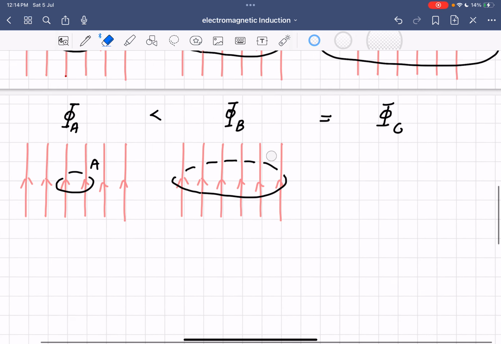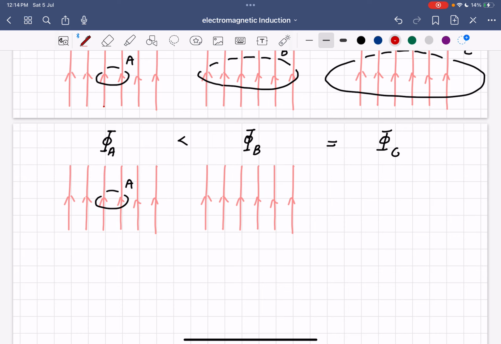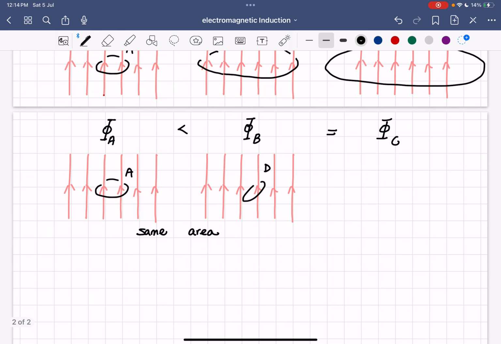So for example, now I have another loop, we call it loop D. The only difference between loop A and loop D is that loop D is tilted. Therefore, this area is like this. This is loop D. These two have the same area. Now in this case, the difference between loop D and loop A is that the normal is different.